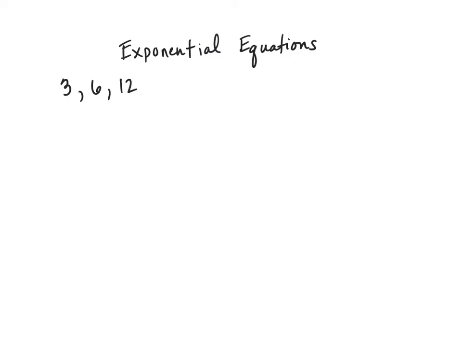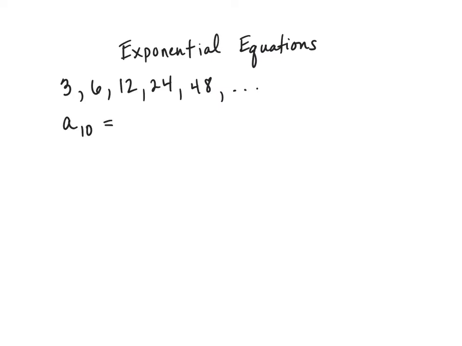6 becomes 12, 12 becomes 24, 24 becomes 48, and I keep multiplying by 2. And remember how this is a geometric sequence because we're multiplying. Remember how we can find a certain term, like we could find, say, the 10th term.